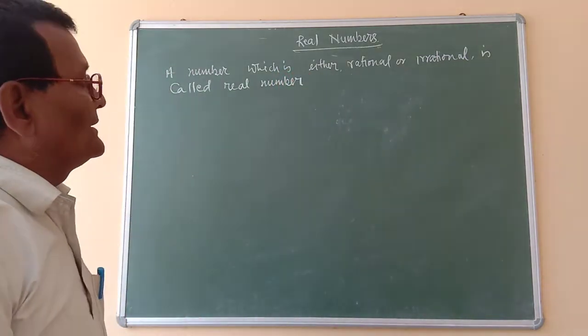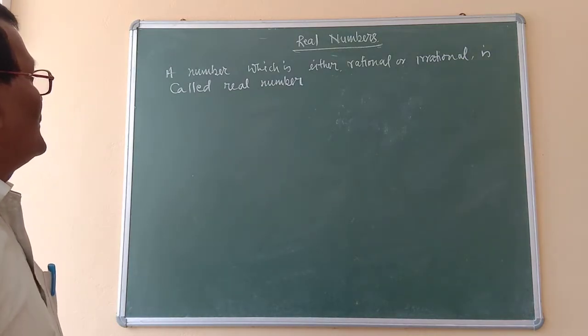A number which is either rational or irrational is called a real number.